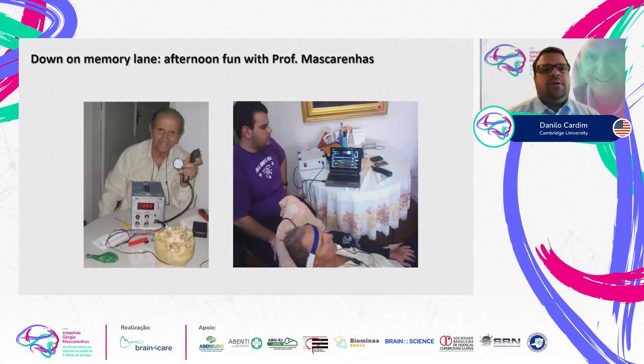My trajectory into the study of non-invasive intracranial pressure started with Professor Mascarenhas back in, I would say, 2007. So here we take a trip down memory lane, where I had this afternoon of fun with Professor Mascarenhas at his house in São Carlos, assessing his intracranial pressure non-invasively with the Brain4Care sensor.